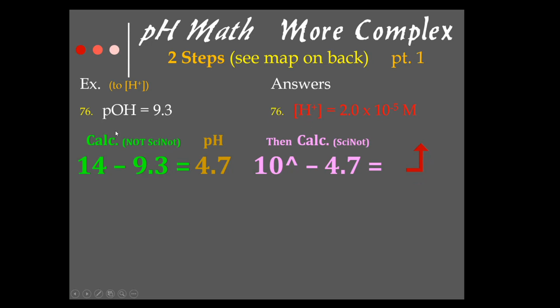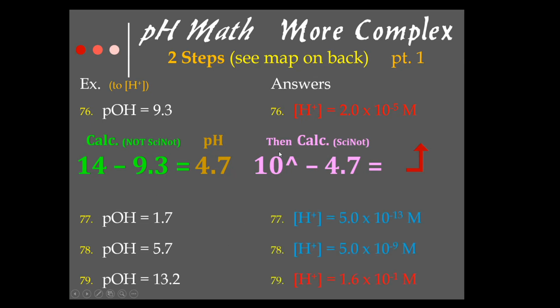So I had to do 2 steps. I had to get it to pH, then I had to get it to H+. 2 steps got me the answer. So be careful and watch that. For these ones, you're going to need to do your 14 minus as your first step, and then your second step, you're going to do it to the negative power.